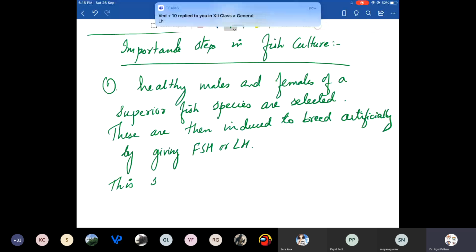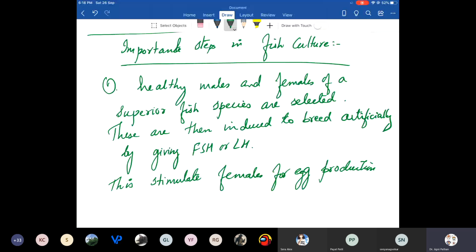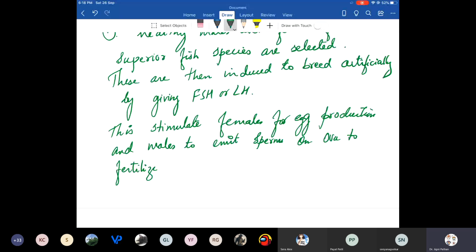This stimulates females for egg production and males to emit sperms on ova to fertilize them. The fertilized egg.